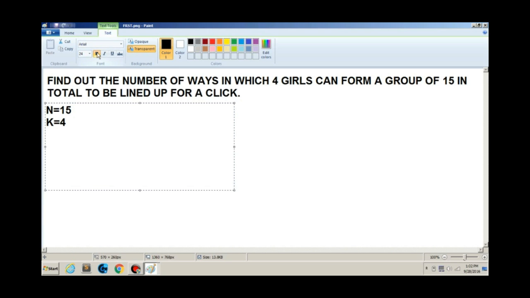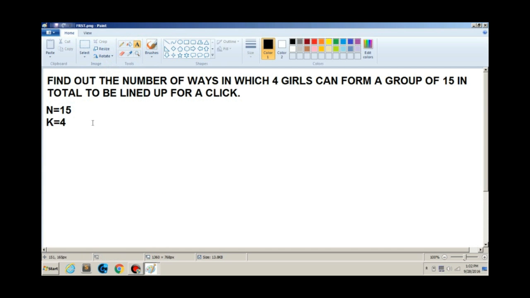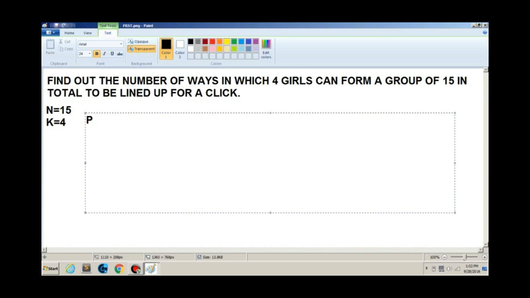So now, let's solve the problem. P of n k equals n factorial over n minus k factorial.